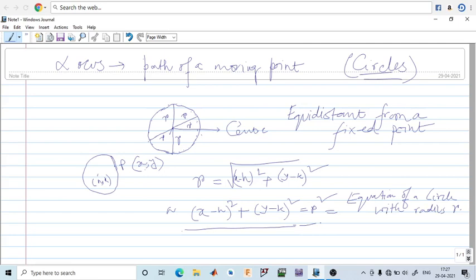Suppose the center is the origin. If the center is at the origin, then h and k will be 0. That means the equation transforms into x square plus y square equals r square. Clear?